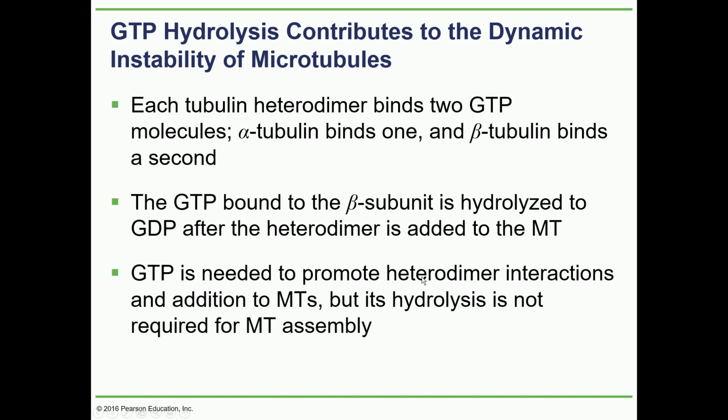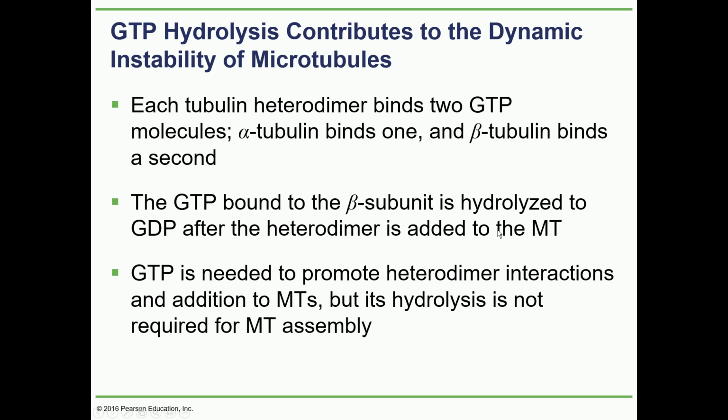Each tubulin heterodimer binds two GTP molecules. You know that the tubulin heterodimer has two kinds of proteins, alpha tubulin and beta tubulin. GTP is bound to both of them, but the GTP bound to the beta subunit is hydrolyzed to GDP after the heterodimer is added to the microtubule.